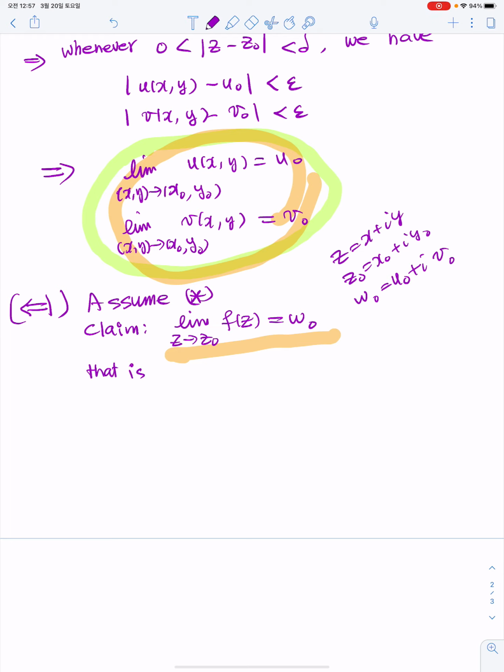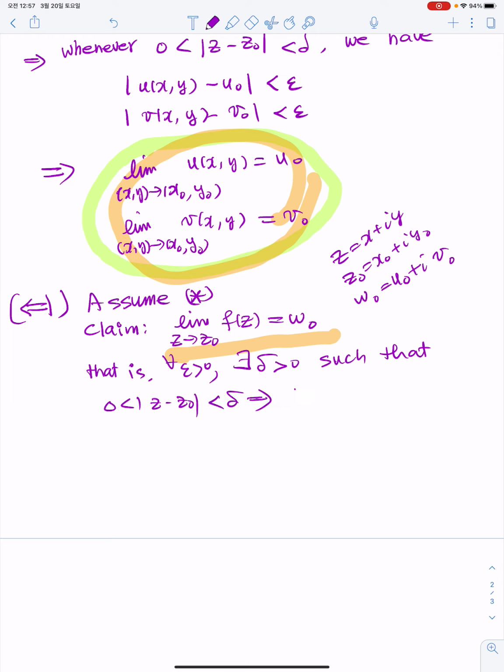That is to show that for every given epsilon, you must find a delta such that whenever 0 is less than |z minus z0| less than delta, |f(z) minus w0| is less than epsilon. So we have to show this one. Let epsilon positive be given.